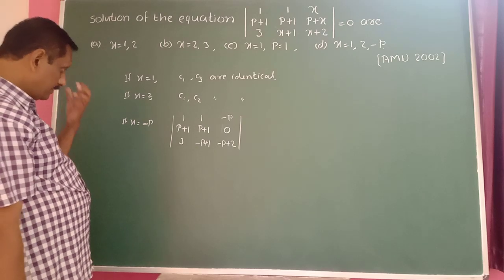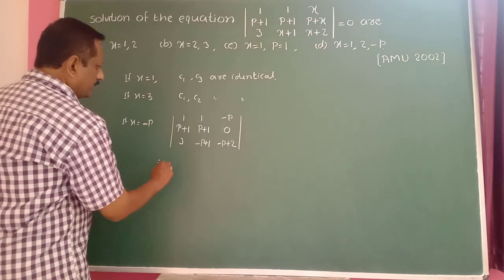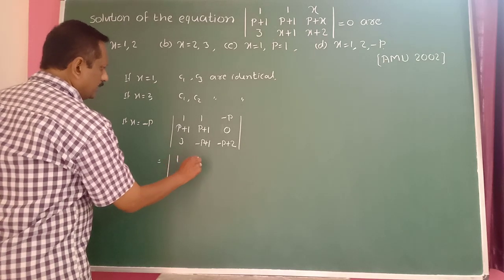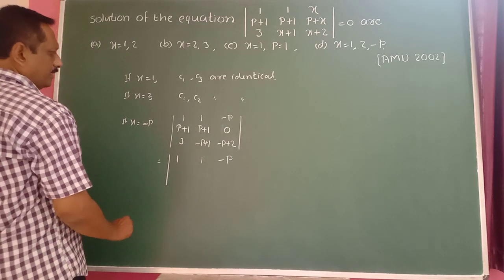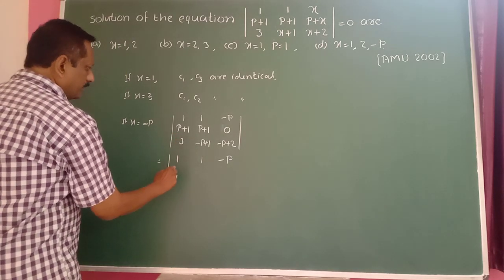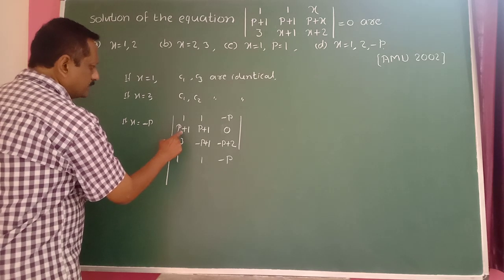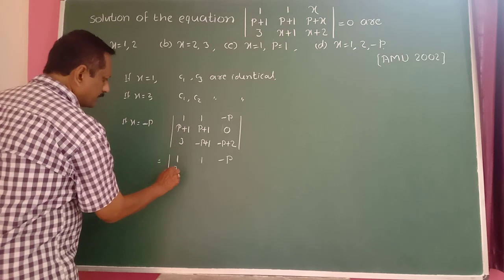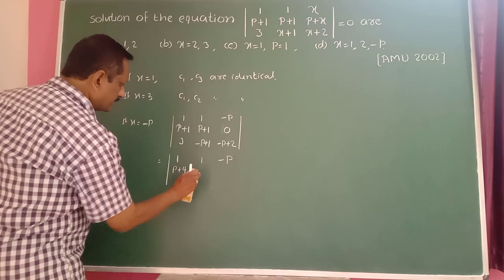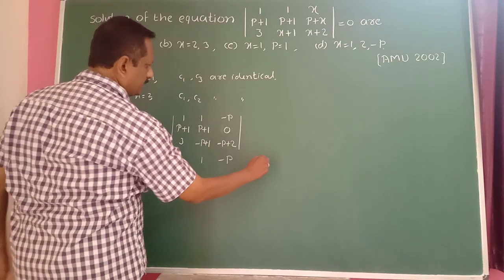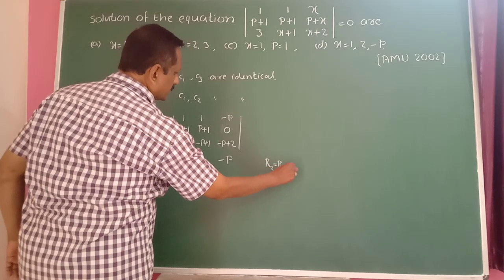Then in this case just add it here. Therefore this equal to determinant of 1 and minus p. Okay. And p plus 1, and adding this here, p plus 1 plus 3 becomes p plus 4 here. Otherwise, we can subtract here. After this minus this here, means R2 gives here R2 minus R1.